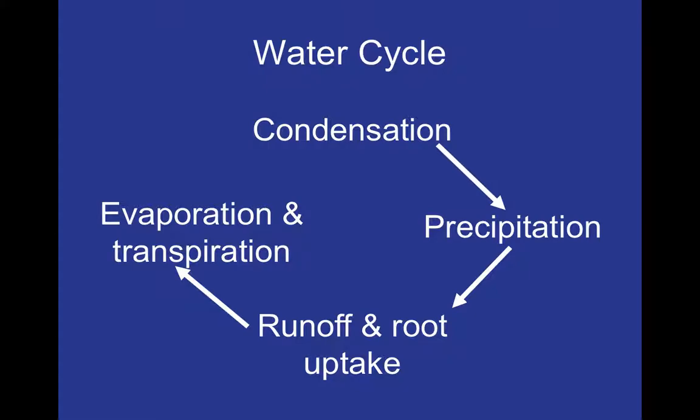Transpiration happens from plants. So plants actually take in water, and they use some of it for photosynthesis, but the excess they actually release into the atmosphere as water vapor. And that travels back into the upper levels of the atmosphere for condensation. So at this point, this is a good time to go ahead and pause the video and make sure that you get all of this cycle copied down.